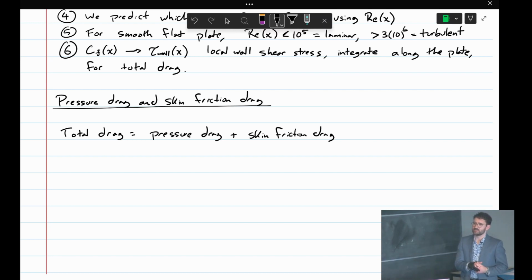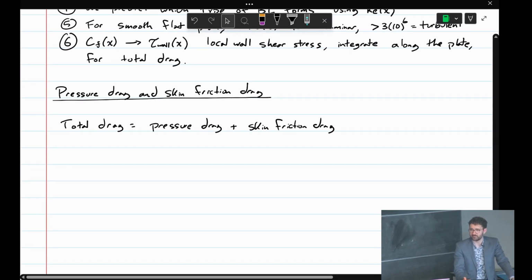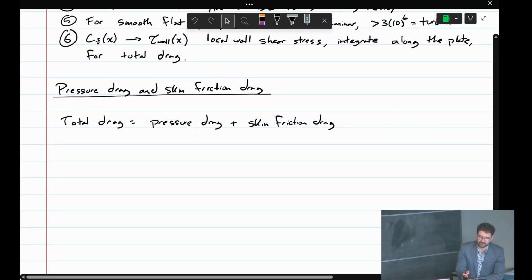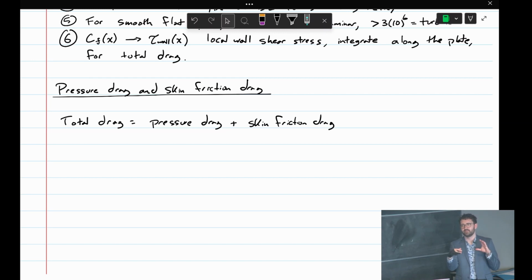It's the sum of the wall shear stress over the surface. Pressure drag, we've seen before how to compute forces due to pressure on something. That's what pressure drag is. The drag is usually in the x direction, along the flow. So like the drag on the airplane is in the same direction as the velocity of the airplane, for example, and the lift is up.